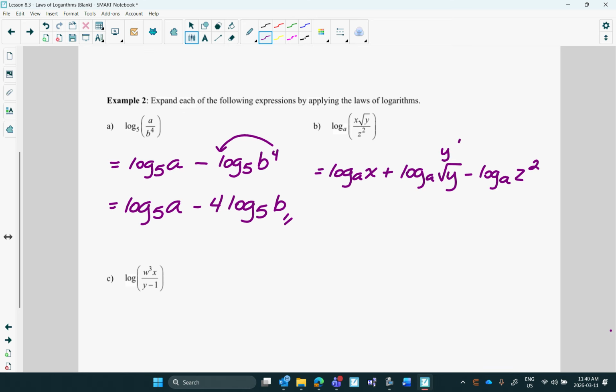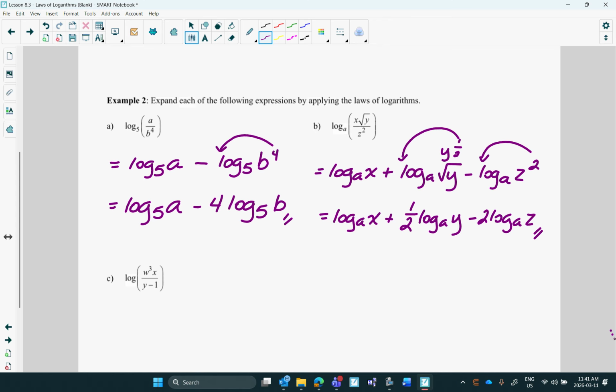This is y to the 1/2. So you do have to address the square root here. So this would become plus 1/2 log base a of y, not root y, because the root becomes 1/2. Minus what? 2 log base a of z. These are pretty straightforward once you get the hang of it. Right?